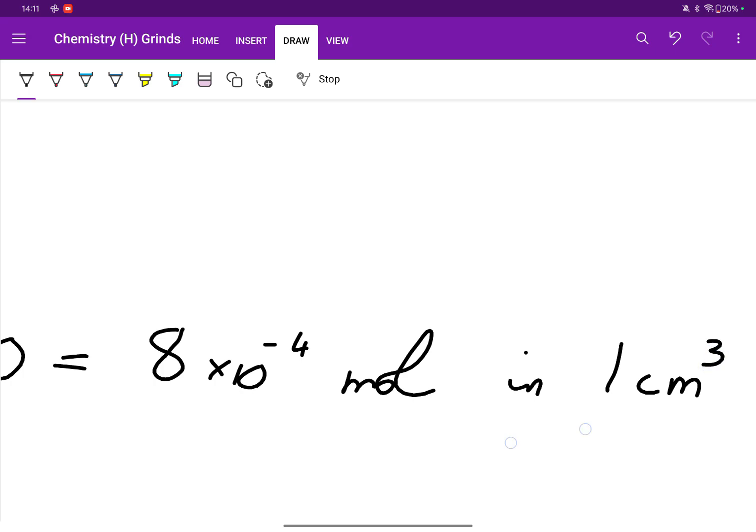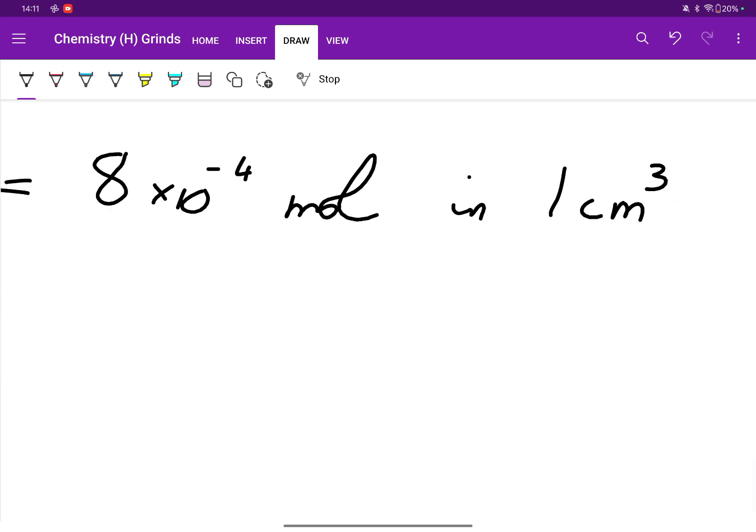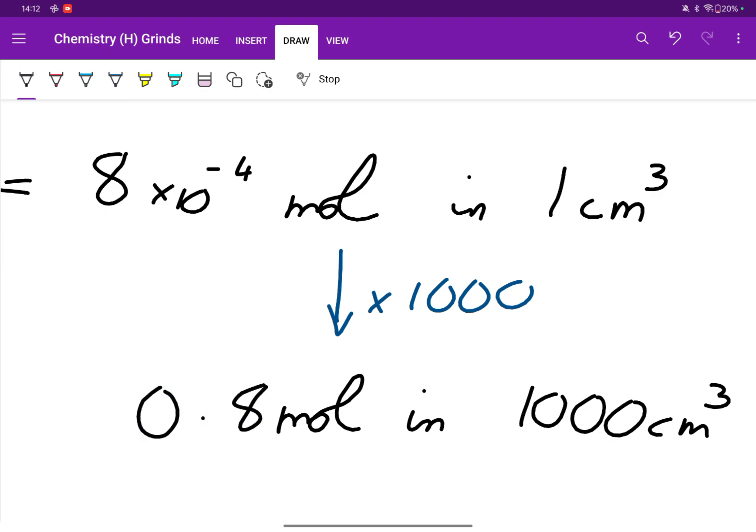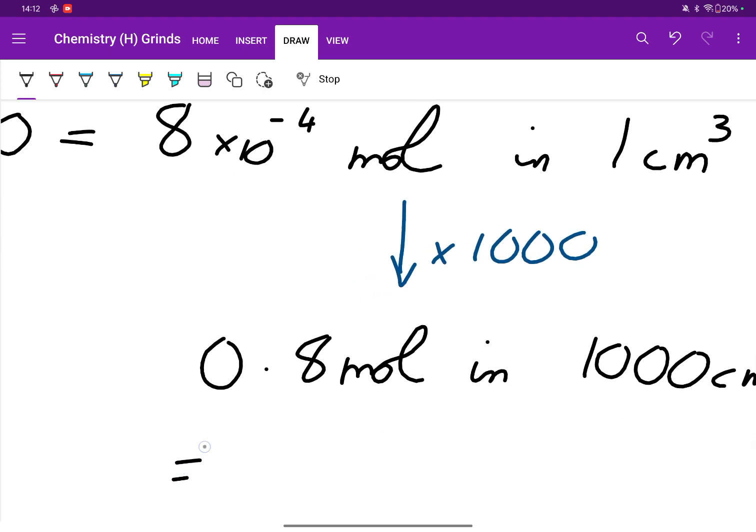Now they want that as a molarity. Molarity is moles per litre, or moles in 1000 centimeters cubed. So to do that, we just multiply both sides by 1000. And that is 0.8 moles in 1000 centimeters cubed.